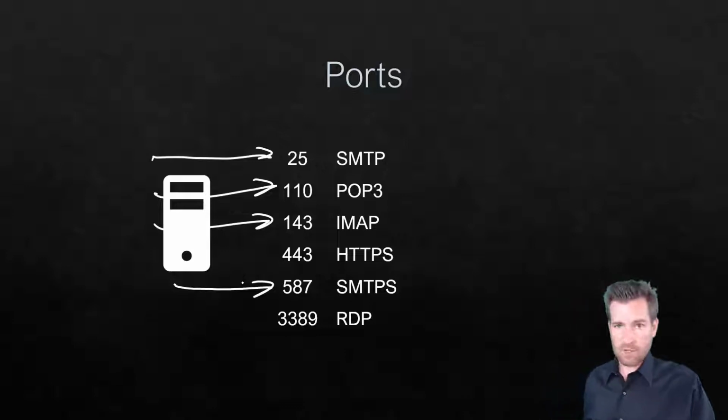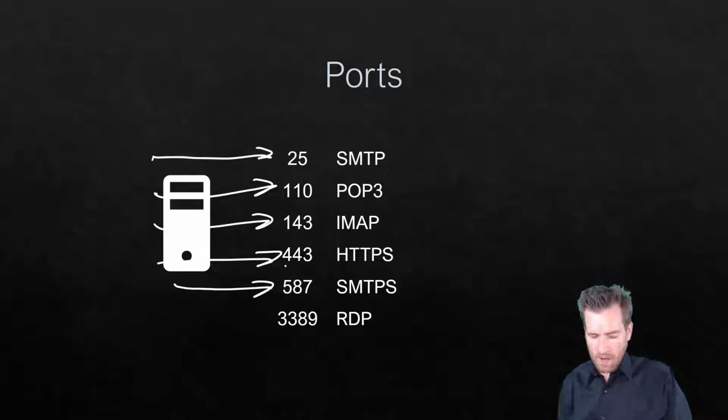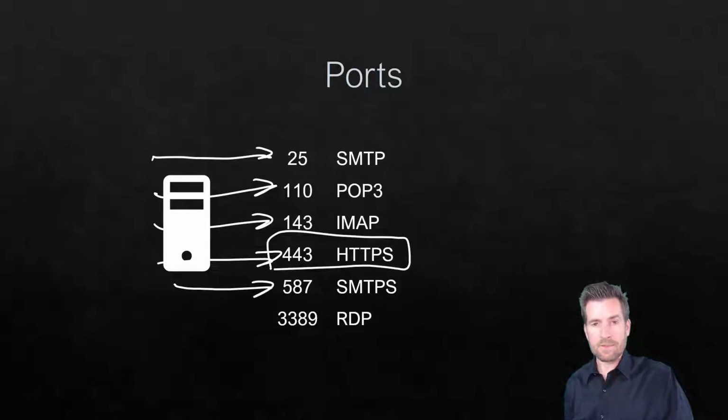Or maybe, rather than using a client to access our mail, we're trying to get in and use the web client to access mail. So port 443 may be open on this machine, so we can use web access to our email.